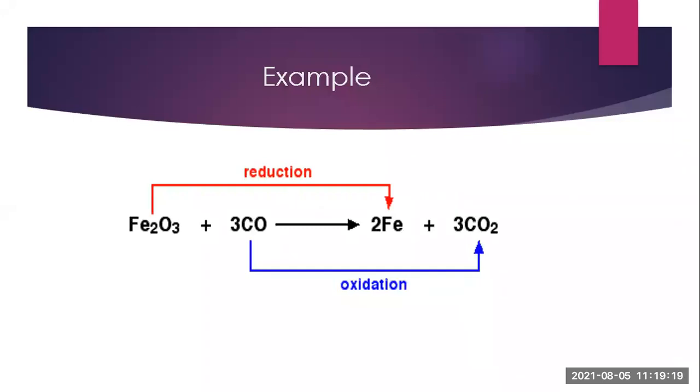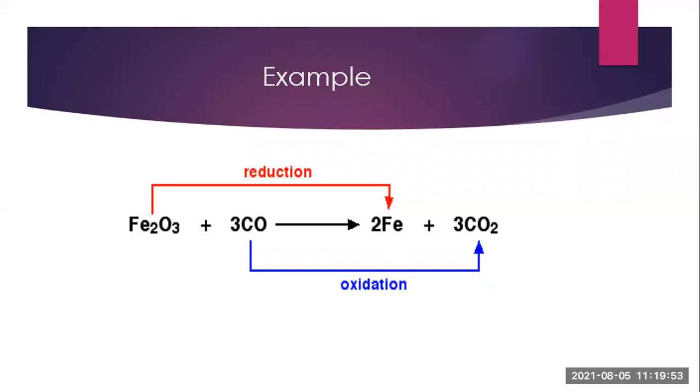Same way, this is also one of the examples, Fe2O3 and CO. Now what happens here? This Fe will lose oxygen, and this oxygen is gained by the CO. So as it is losing the oxygen, Fe will get reduced, because according to our property, whenever any compound or element loses its oxygen, in that case it is getting reduced.